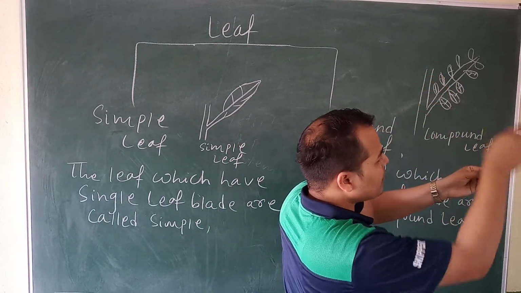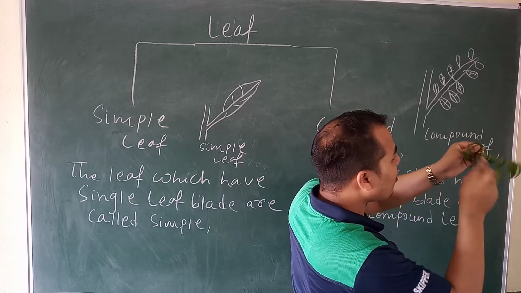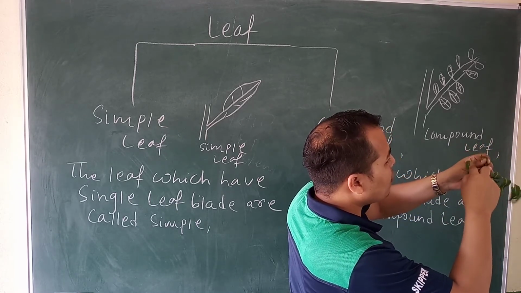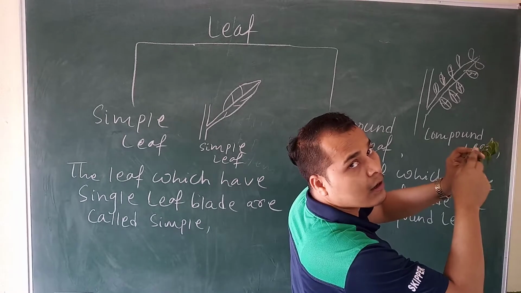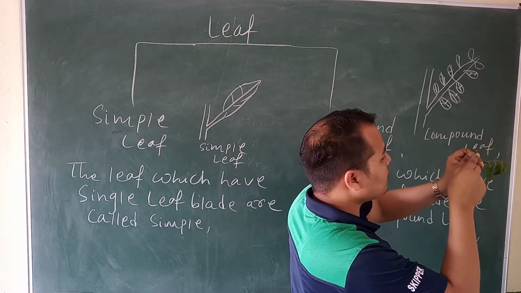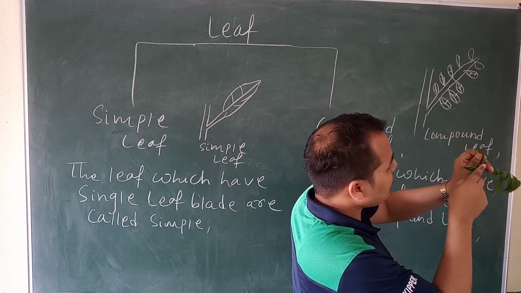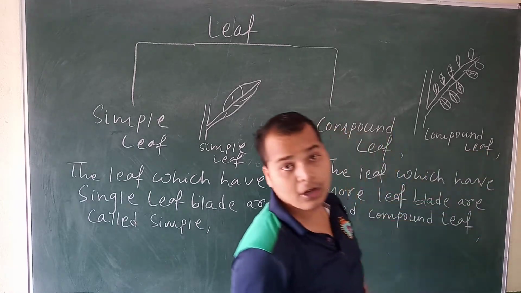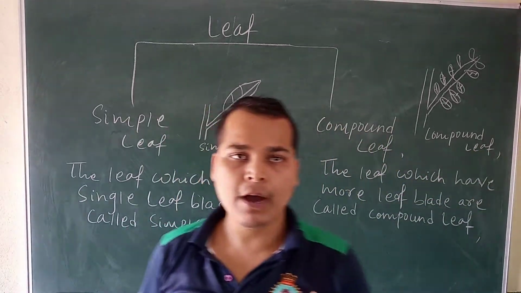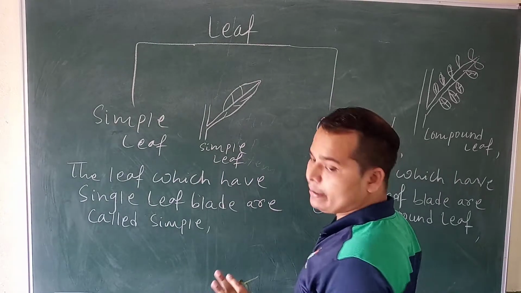The leaf has so many leaf blades, so it is called a compound leaf. Are you clear about simple and compound leaves?